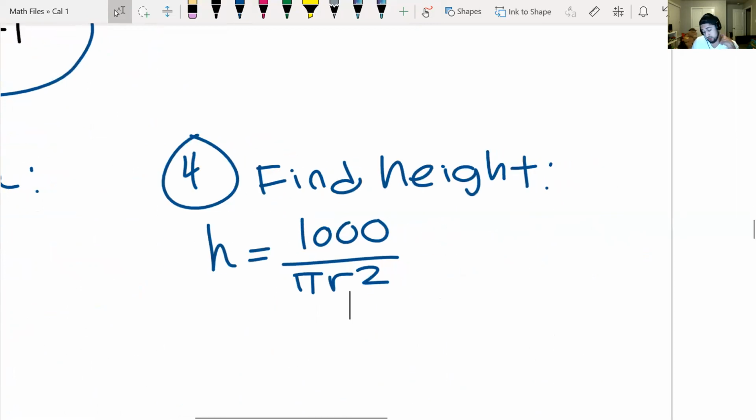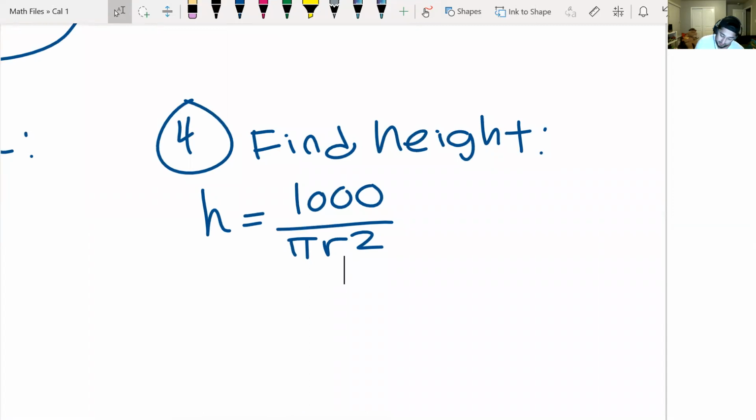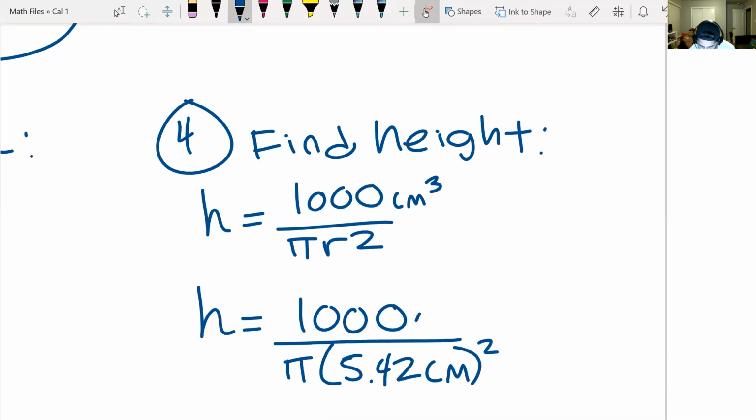Okay. Well, we know that r is 5.42. So we plug that in. So I get h equals 1,000 over pi times 5.42 centimeters squared. Oh, and now I have to put units in to make this proper, because this is still 1,000 cubic centimeters.